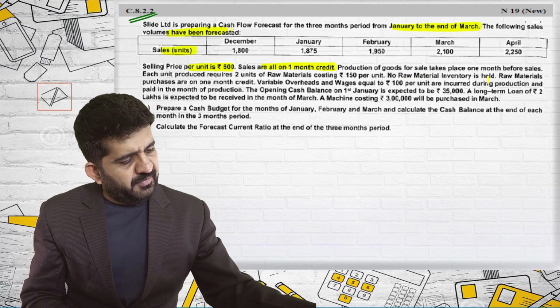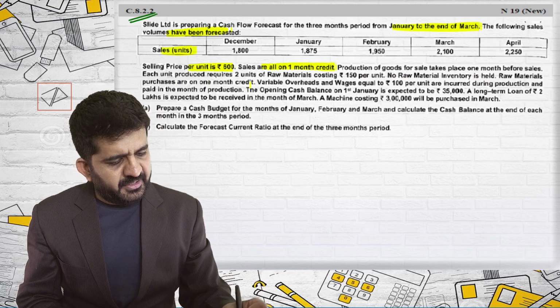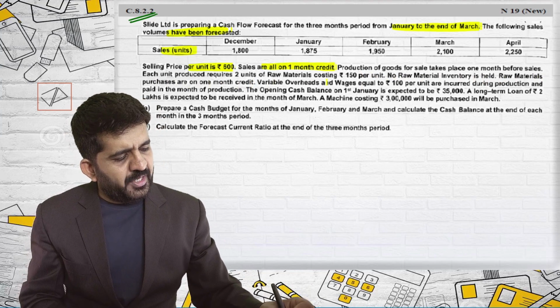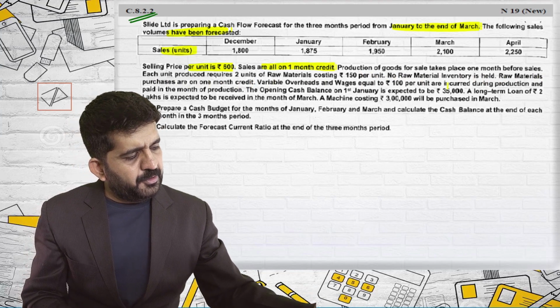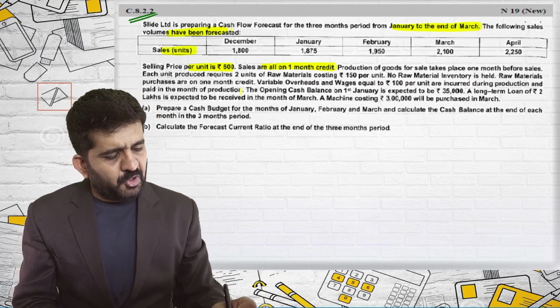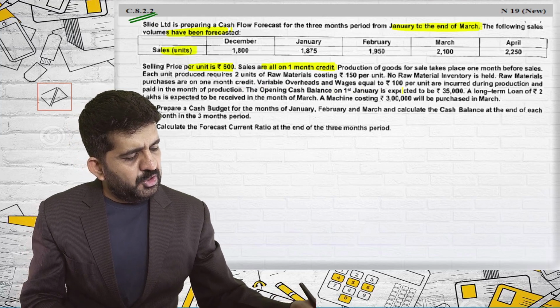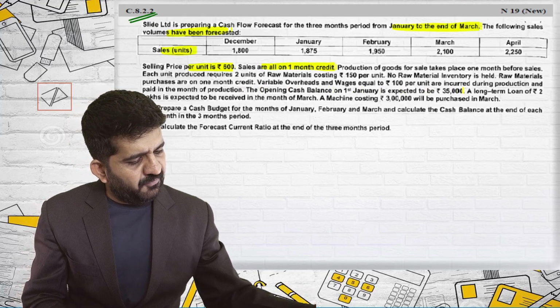No raw material inventory is held. Raw material purchases are on 1 month credit. Variable overhead and wages equal to rupees 100 per unit are incurred during the production and paid in the month of production. The opening cash balance on 1st January is expected to be 35,000.